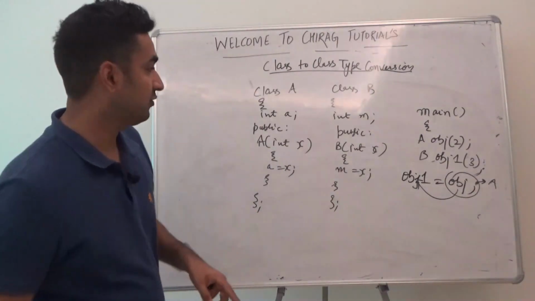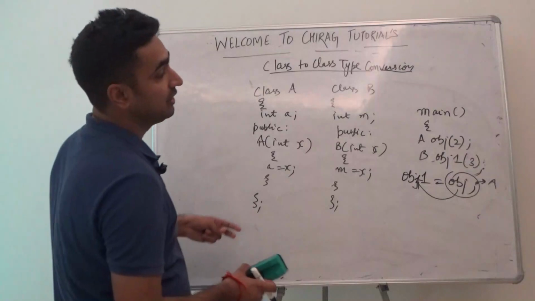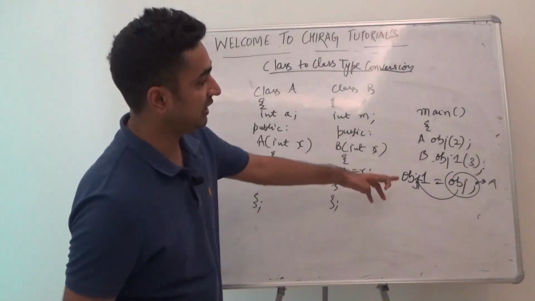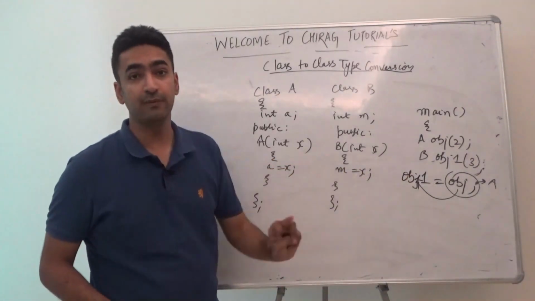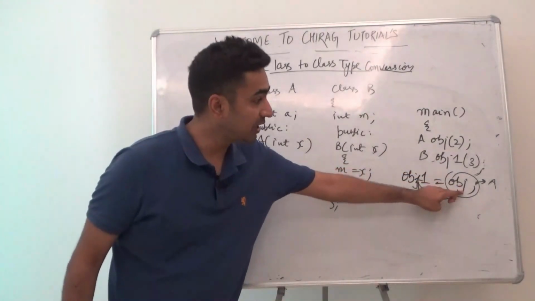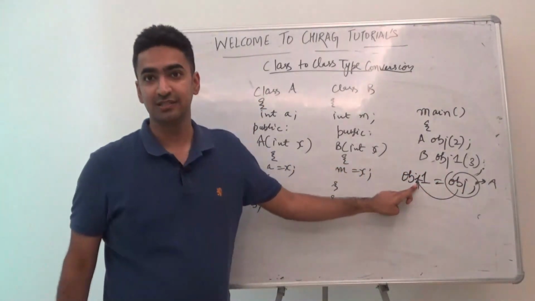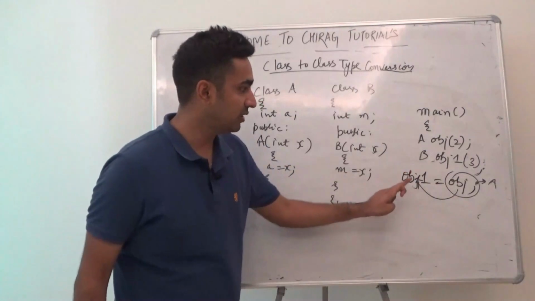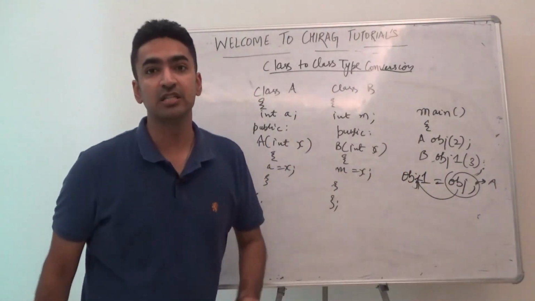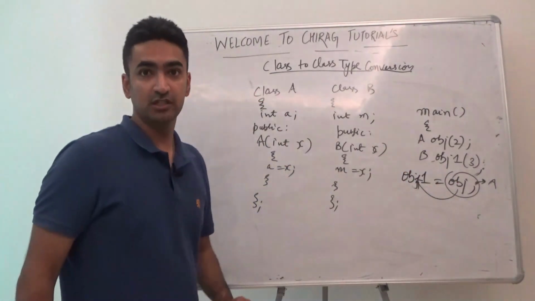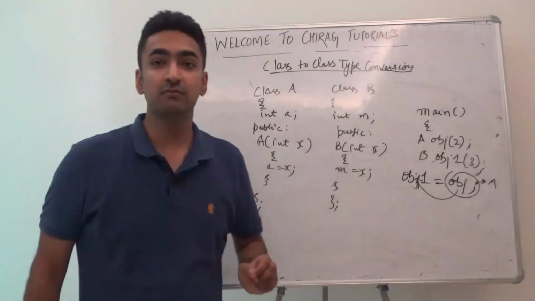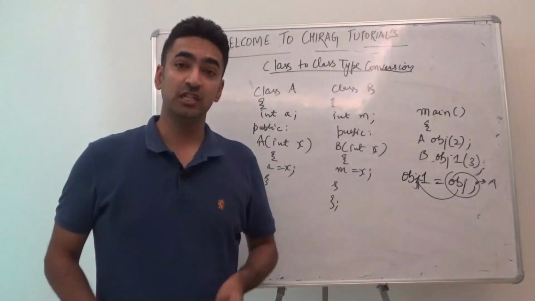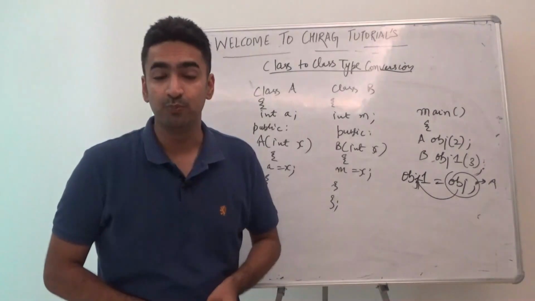Now over here we are going to assign one class to another class, one object to another object. I must use an operator function, but the operator function must be used in the class which is getting converted into.